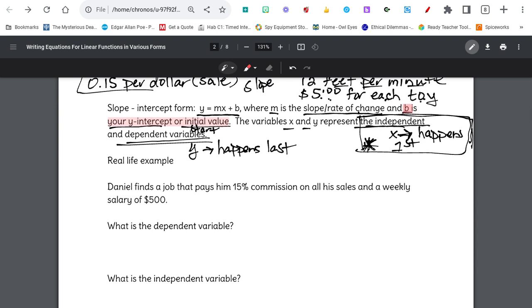All right, so let's take a look at this example. It says Daniel finds a job that pays him 15% commission on all his sales and a weekly salary of $500. Okay, so a 15% commission just means 15 cents per dollar worth of merchandise sold.